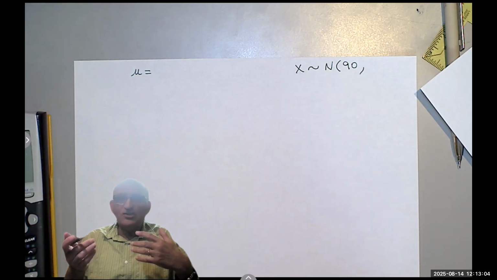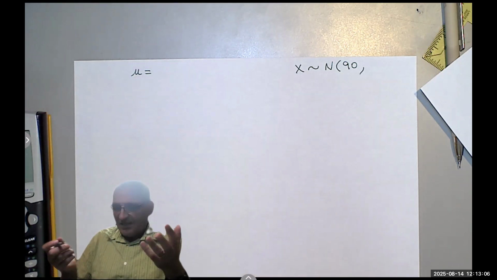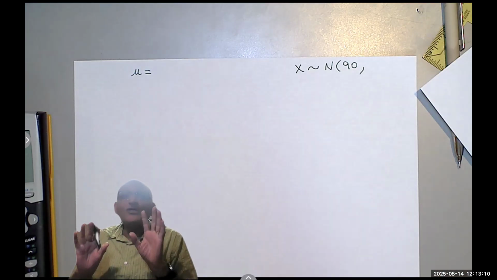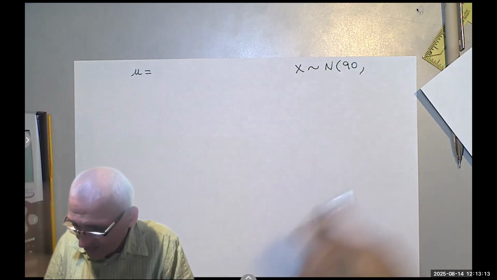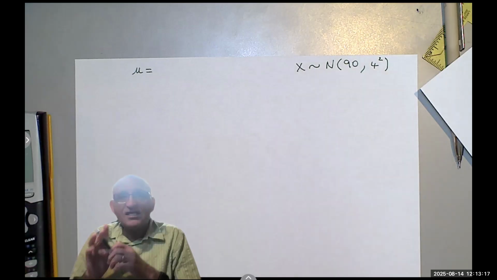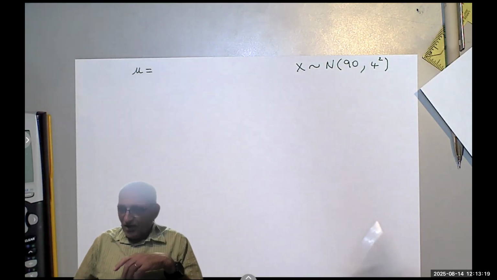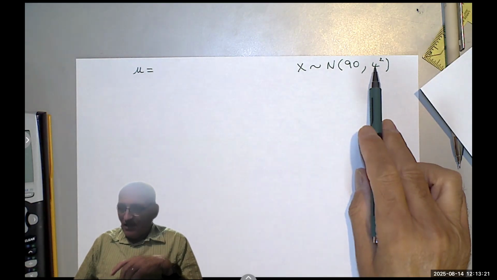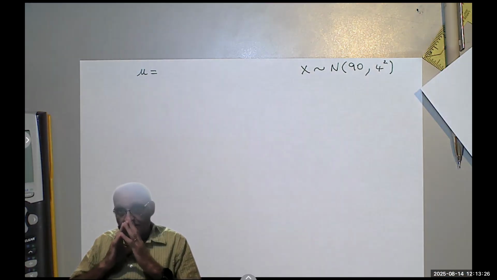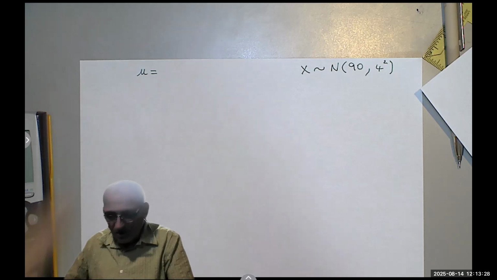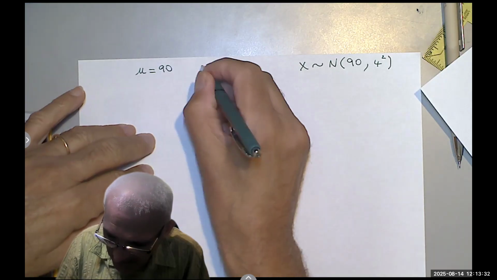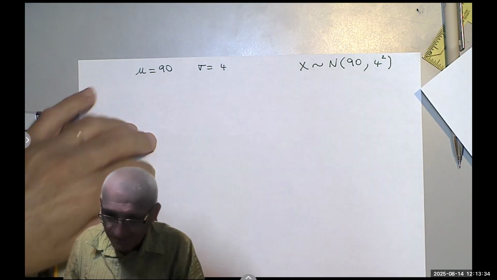But if they don't tell you, as an engineer, I would look at the second number as the variance and take its square root. So to reduce confusion, instead of saying 16, I'm going to write it as 4 squared. So if you are using sigma, you know this is sigma. If you are using sigma squared, you're going to use the 16. So mu equals 90, sigma equals 4.